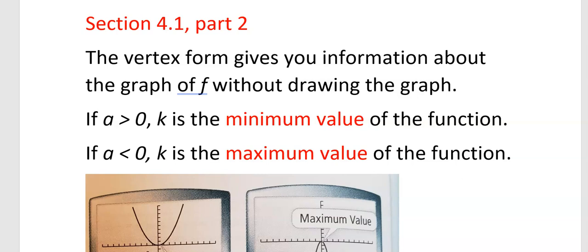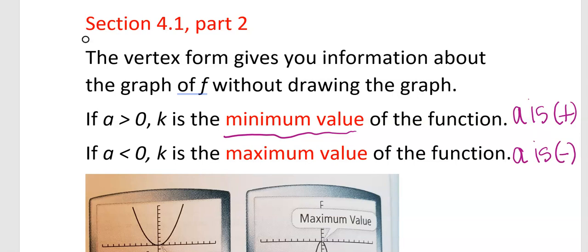I'll write it off to the side here so you have a little note if you look back. When it says A is greater than 0, that means A is a positive number. It opens up, so the vertex point would be at the bottom of it. That would indicate a minimum value. If A is negative or A is less than 0, it opens down and the vertex would be at the top part.